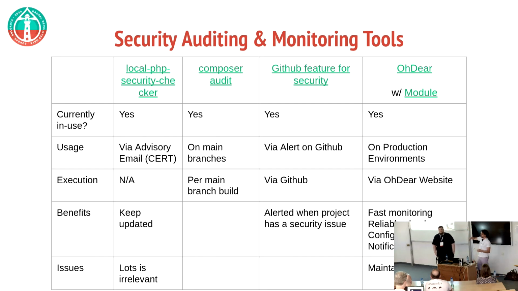The Drupal installation, with this module, will tell Oh Dear if there's an issue with one of the Drupal module updates, or if there are some log entries which are error messages. So it will report to this monitoring service, Oh Dear.